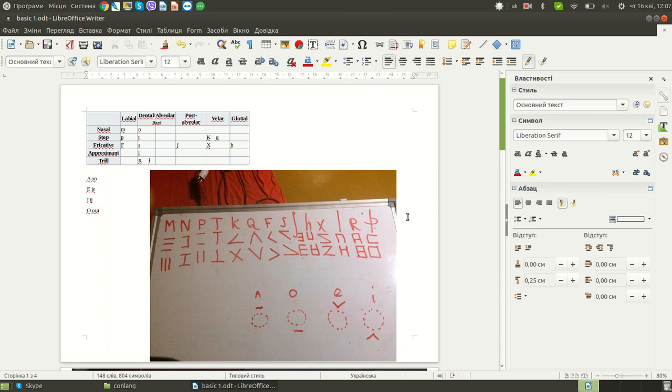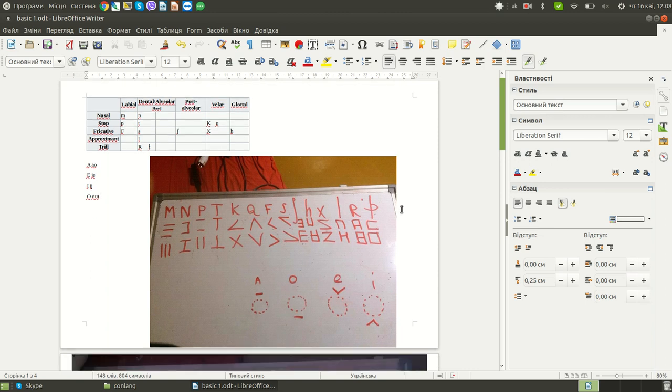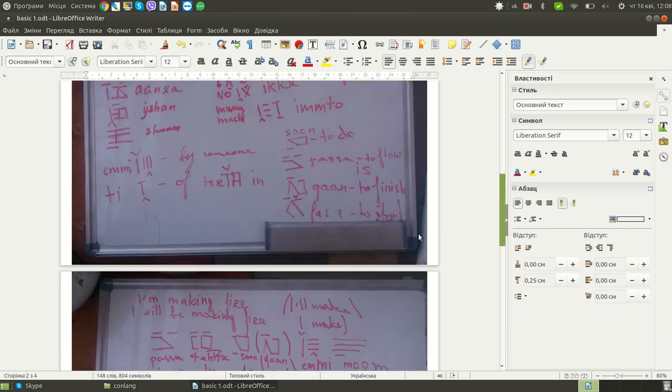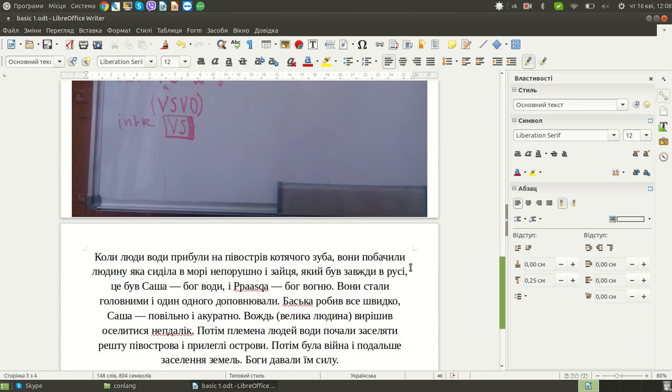So I have some ideas how to introduce voiced consonants, but I don't think I'll do that. I think that I'll make the distinction between voiced consonants and unvoiced aspirated consonants. But I'll see what will come in handy.